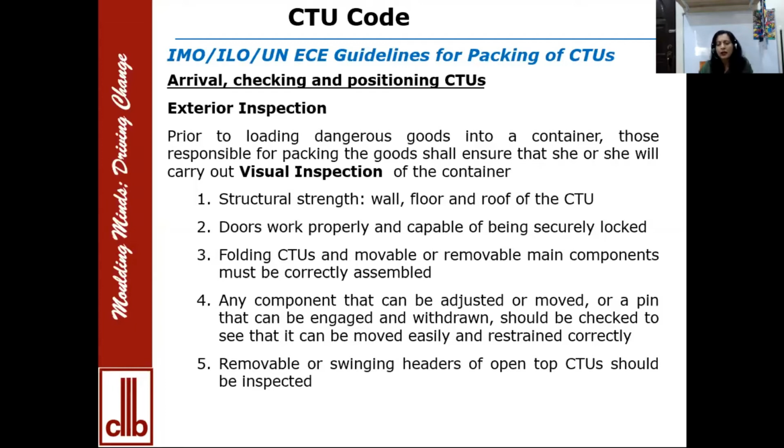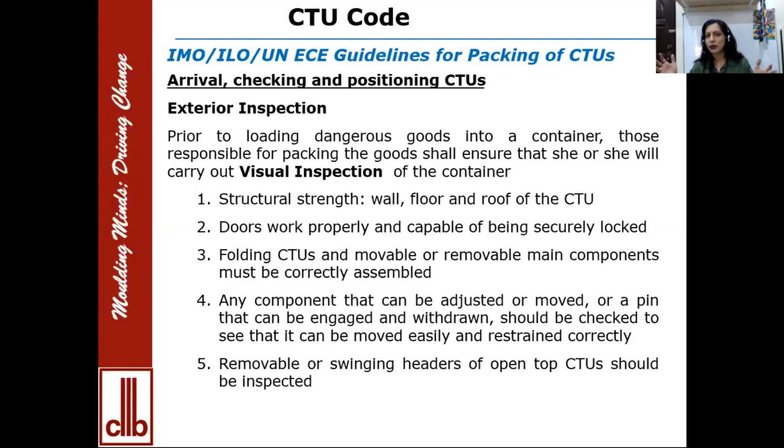Then after we have checked the safety approval plate, we have to do an exterior inspection of the unit. So this is a visual inspection. When we do this visual inspection of the external of the container, what we want to see is the structural strength of the unit, where we will focus on the walls.